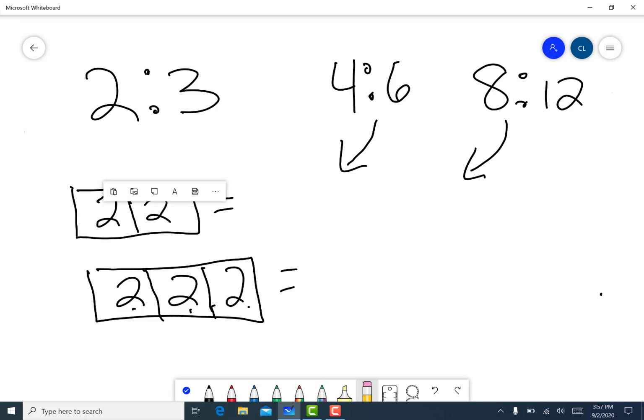So now let's check 8 to 12. The same way, see if you can figure out what each box on the tape diagram would be if this was supposed to be 8 to 12.